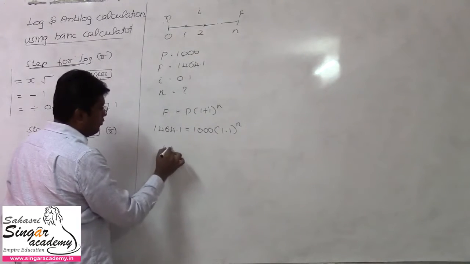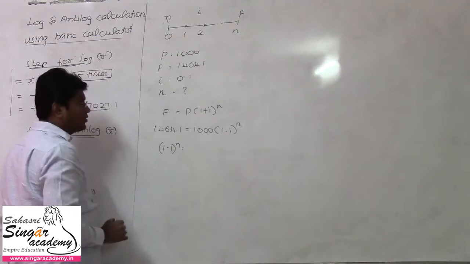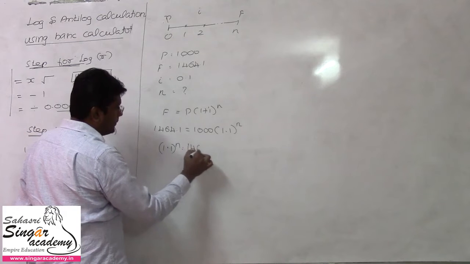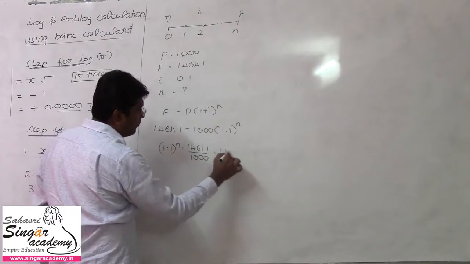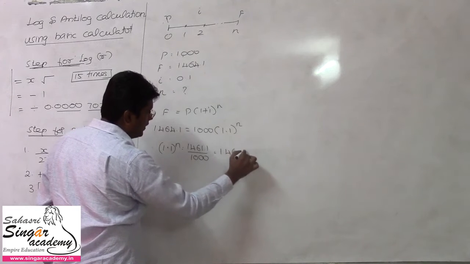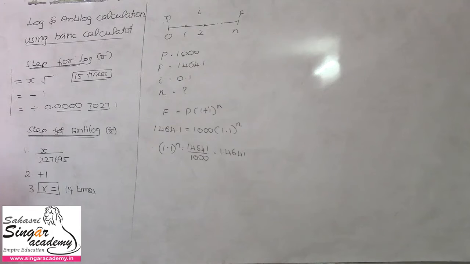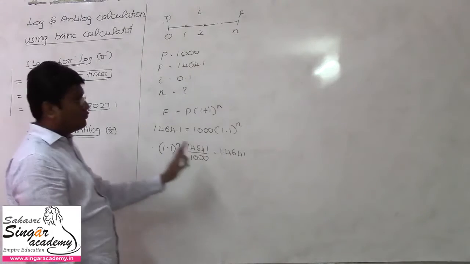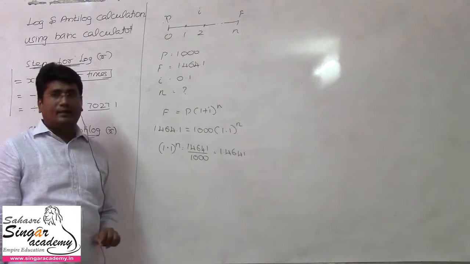Otherwise, 1.1 to the power n is equal to 1464.1 divided by 1000, which is nothing but 1.4641. So it becomes 1.4641 equals 1.1 to the power n.